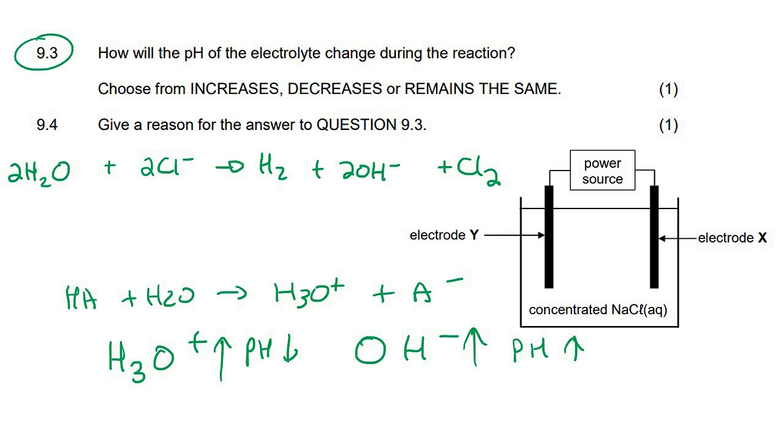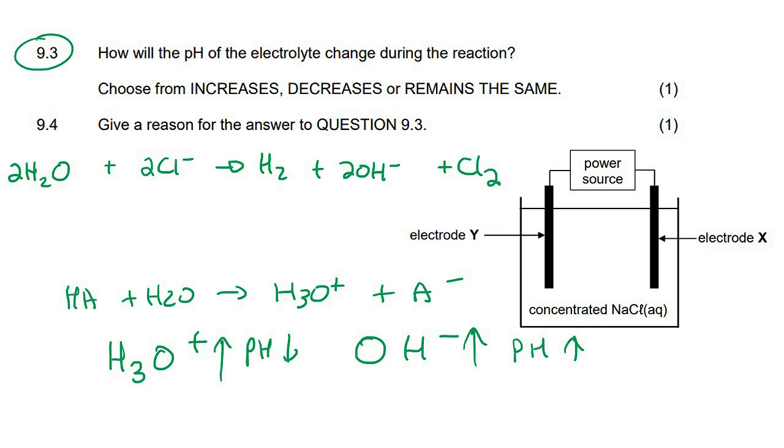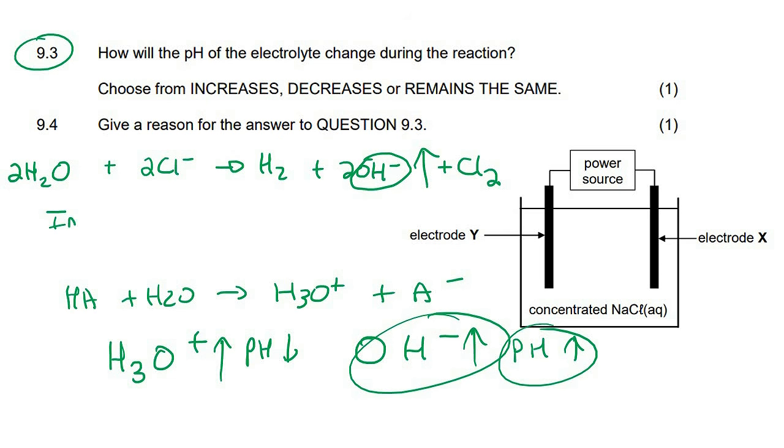In the products on the right hand side, there are OH minuses. So as this reaction is going, the OH minus concentration is going up. So what would happen to the pH? It would increase. And then our reason would be that the OH minus concentration is increasing.